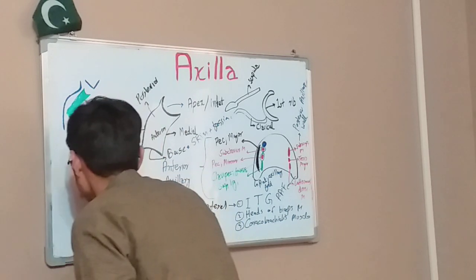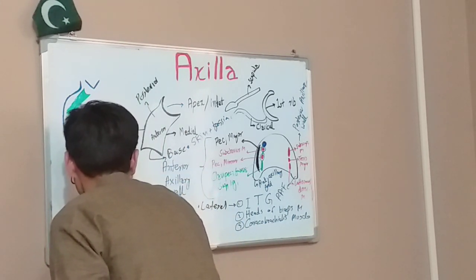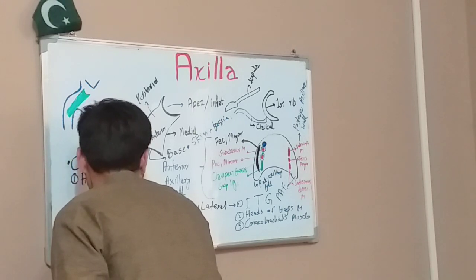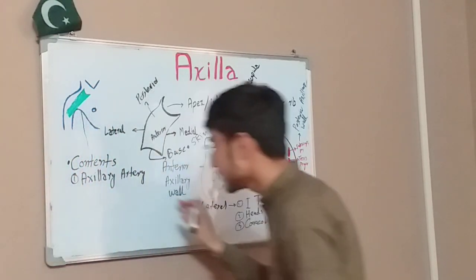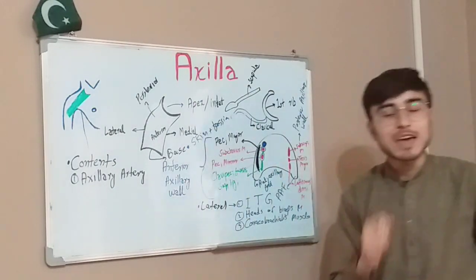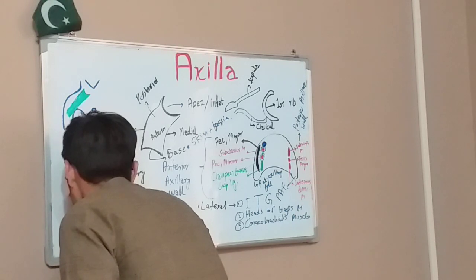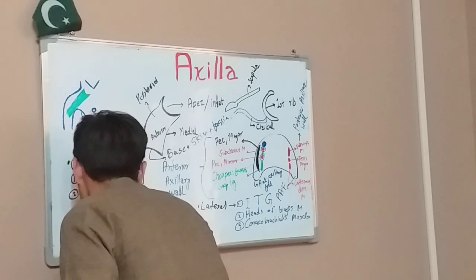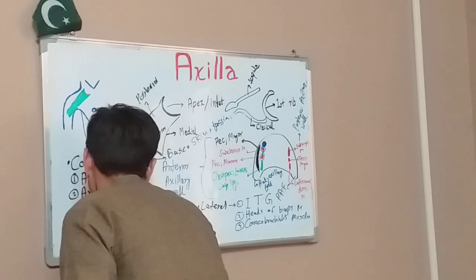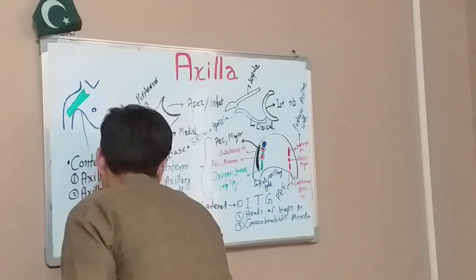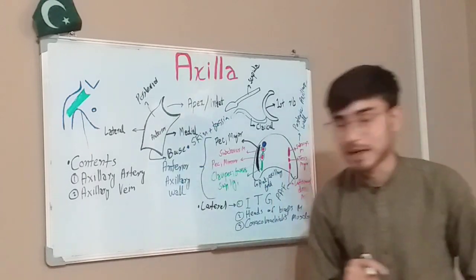We have the axillary artery first of all. Then we have the axillary vein. Then we have the cords of the brachial plexus.